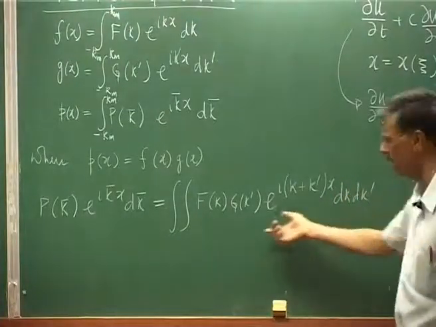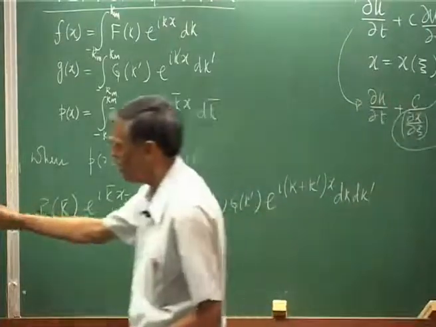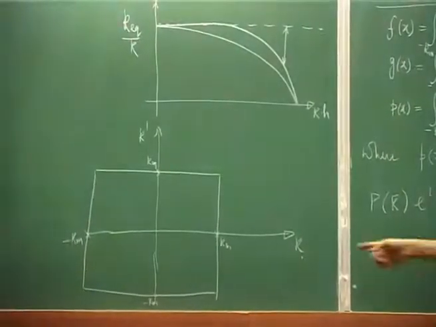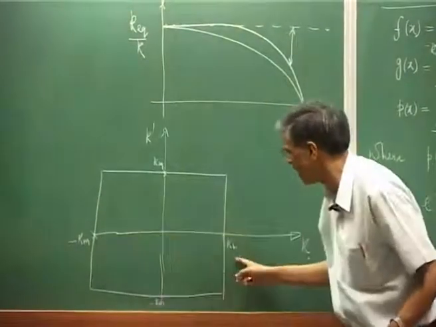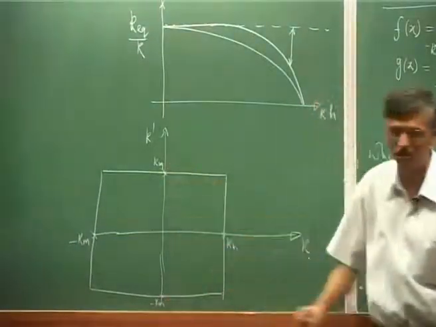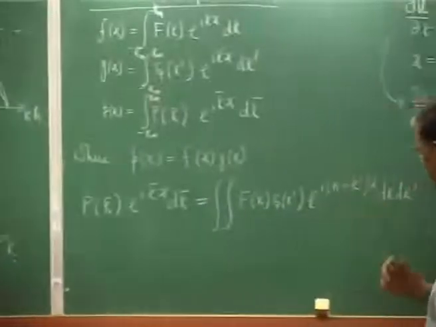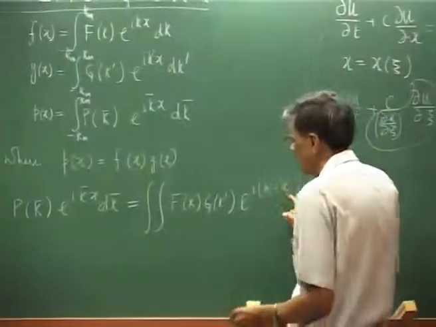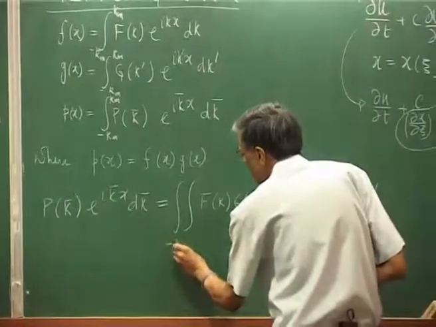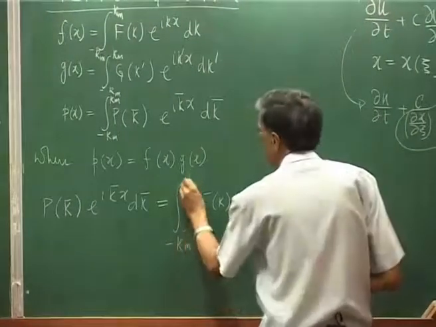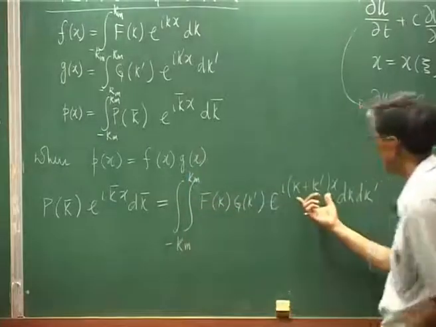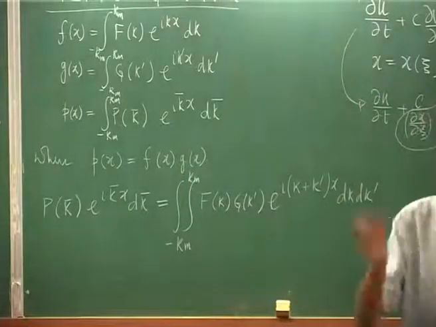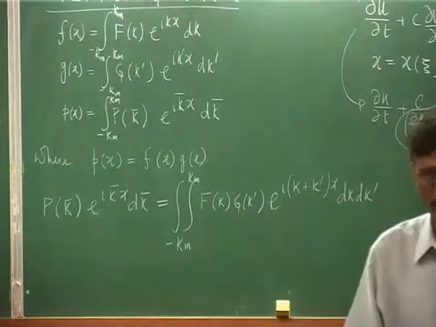So, this integral is evaluated in this box, because k is varying from minus km to plus km, and k prime is varying from minus km to plus km. However, you also notice that individually each of these are varying from minus km to plus km. So, it would appear as if this phase can vary from minus 2 km to plus 2 km.